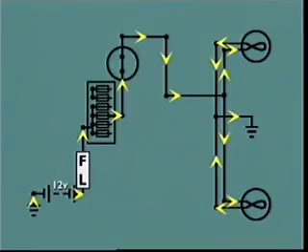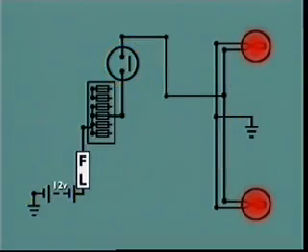This allows electrical current to flow from the battery through the fuse, through the switch, to the brake light filaments and to return to the battery by the ground system. When the driver releases the pedal, it returns to the rest position and open circuits the stoplight circuit. The flow of electrical current stops and the brake lamps are extinguished.